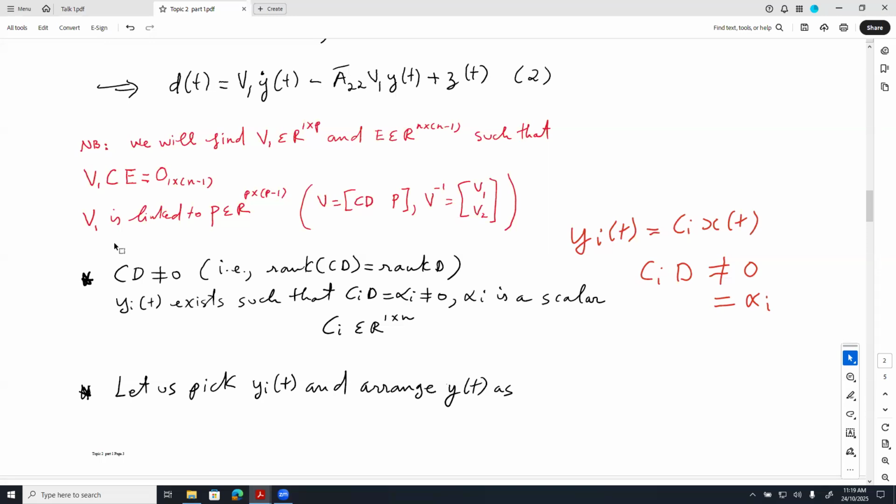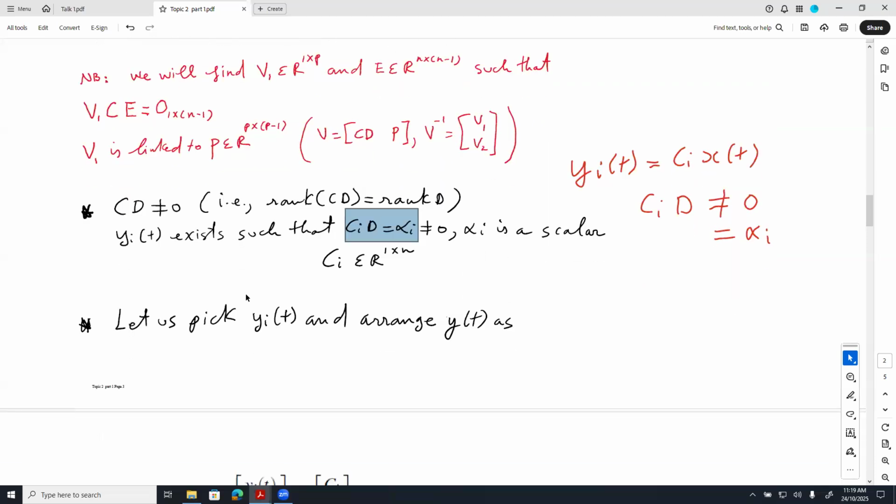So if this condition holds, then there exists at least one output measurement such that C i times D is non-zero. Okay. Now, if that is the case, we will pick that output measurement.